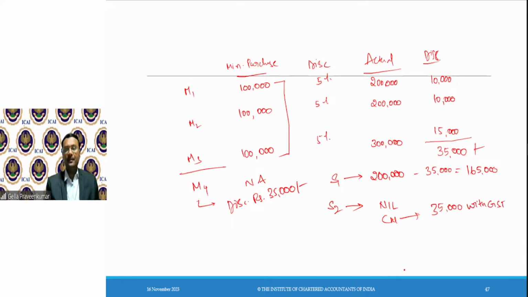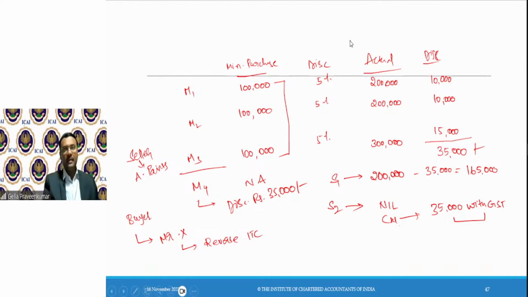Now, when I do this credit note with GST, please keep in mind, the law says that the seller and buyer, in this case, we have assumed the seller is Asian Paints, and the buyer, let me assume, is Mr. X. When the seller is giving a credit note with GST, then the buyer is supposed to reverse input tax credit.